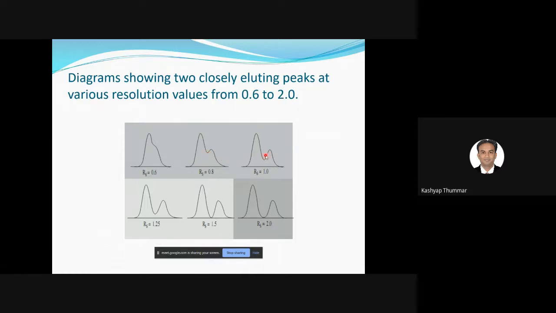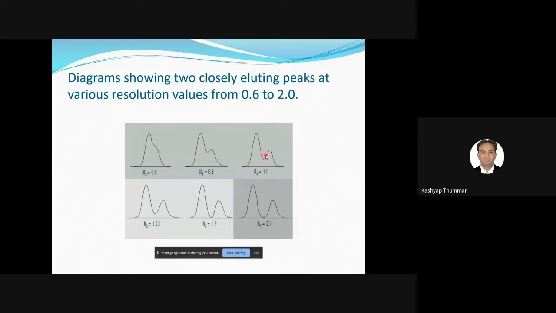At resolution 1, one peak comes and reaches the baseline again, and then the next peak comes. This is the kind of separation at least required for quantitation.